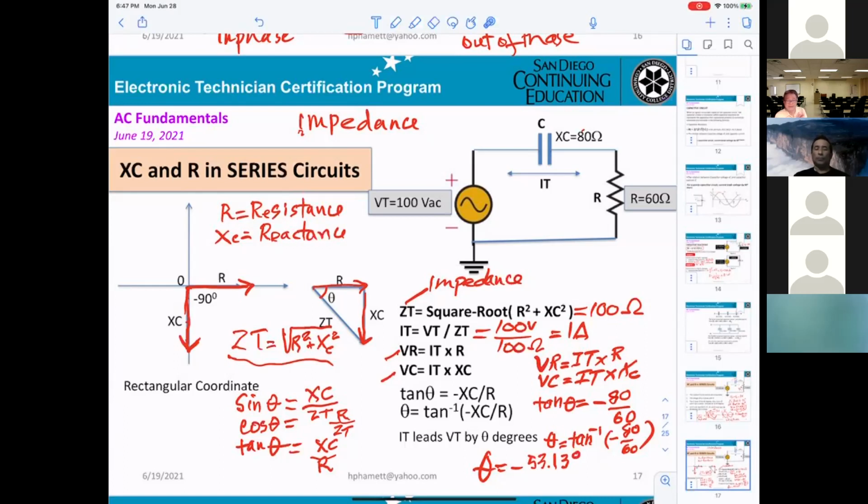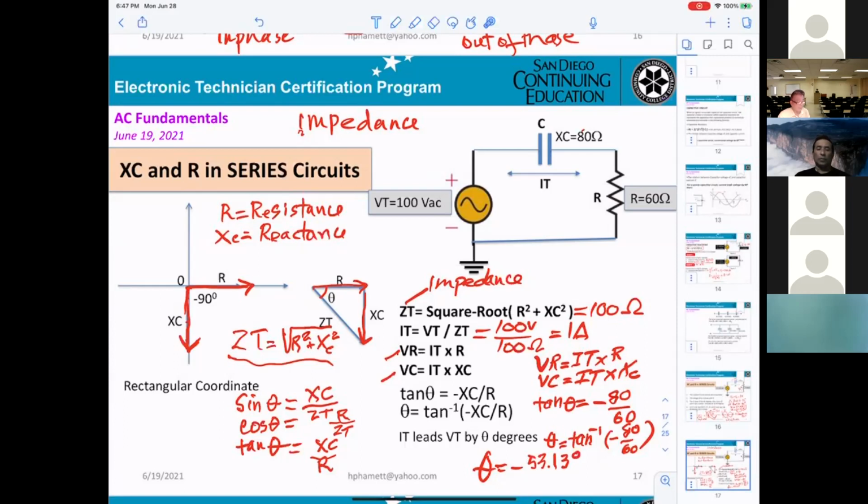Try to understand it as the basic way of solving the problem. After RC series and parallel, RL series and parallel, RCL series and parallel, we go back to a different way of solving AC problems using complex numbers. In complex numbers, you don't have to calculate the phase angle; it tells you right away.